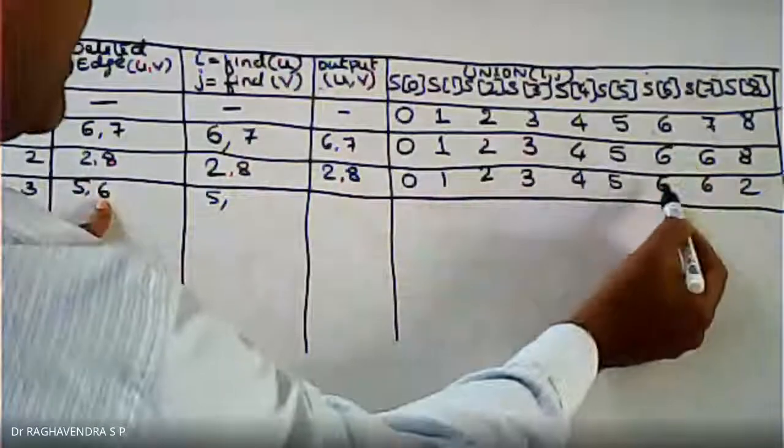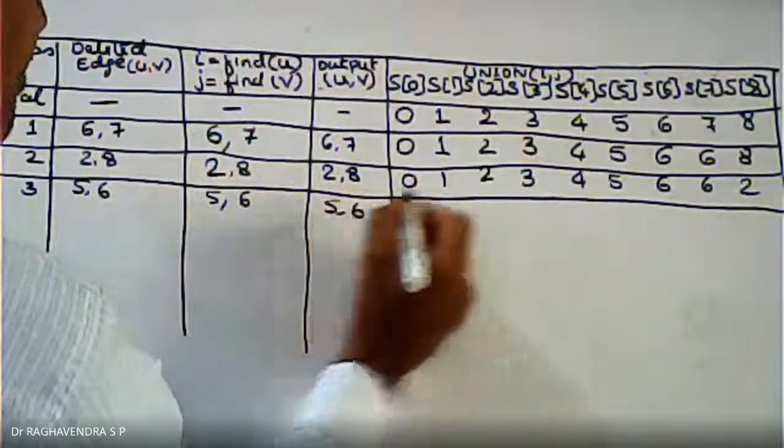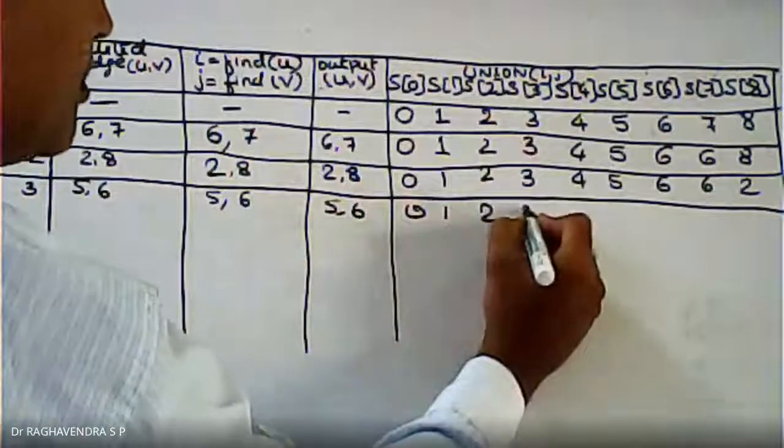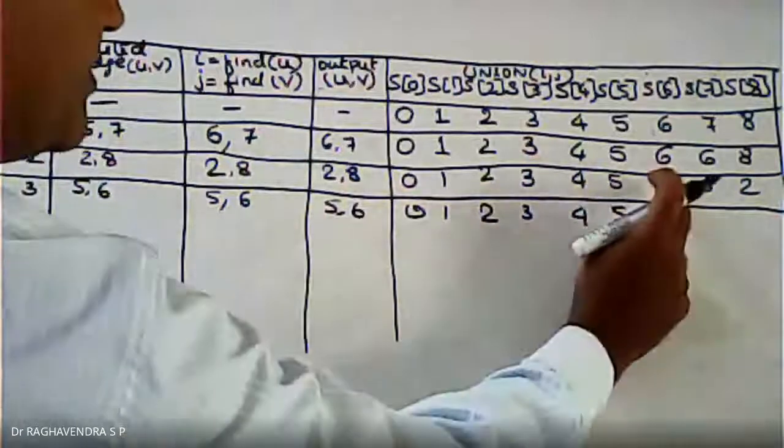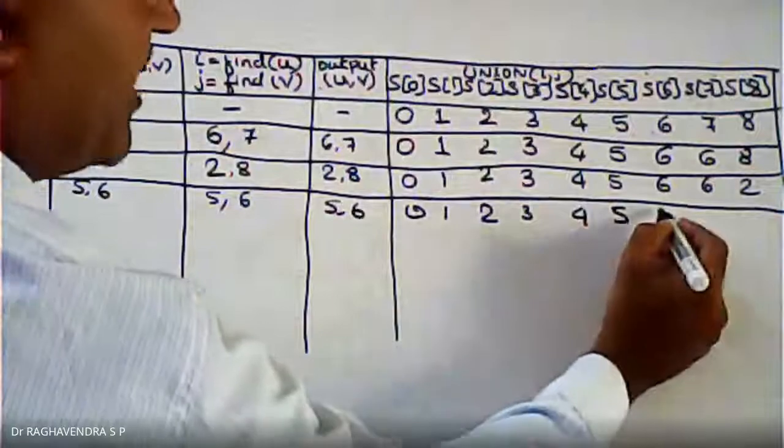What is the value of 6? 6. Then you copy paste it here, 5 comma 6. So 0, 1, 2, 3, 4, 5. In place of 6, you have to replace the value of 5. What is that in 5? Here also 5. 5, 6, 2.